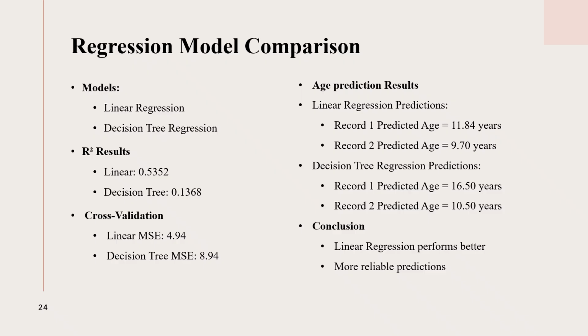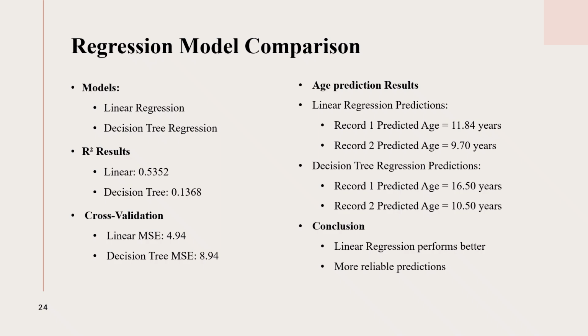And in terms of cross-validation, linear regression had a mean squared error of approximately 4.94. Basically, it was a negative value, while the decision tree had a higher error of about 8.94. This means that the decision tree model had almost 4 units higher error, which confirms that linear regression performs better and more consistently.